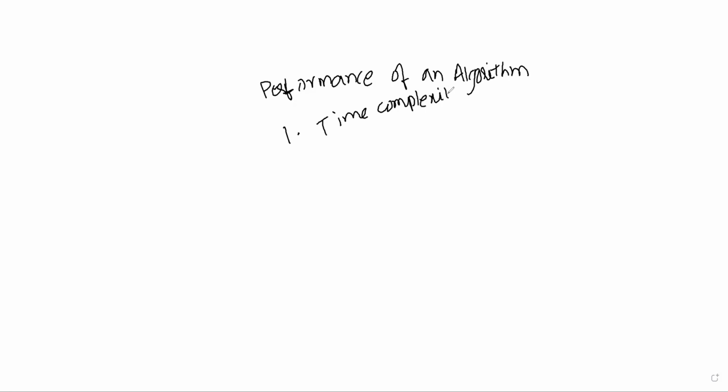How much space the algorithm is occupying, and how much time that algorithm takes to finish that particular task, right? These are the two parameters by which an algorithm is assessed.